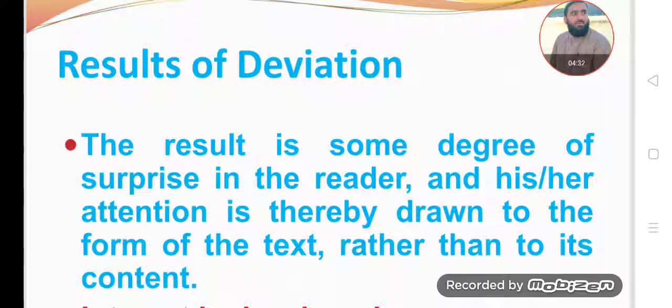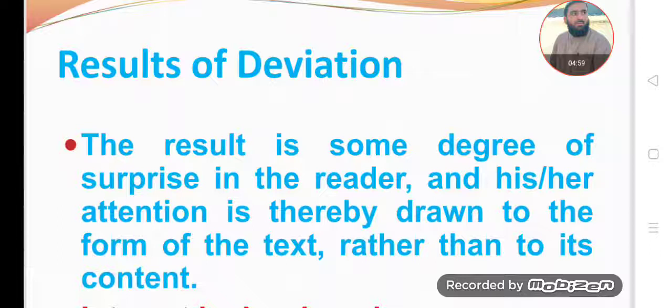Now what are the results of deviation? The result is some degree of surprise in the reader, and his or her attention is thereby drawn to the form of the text rather than to its content. Dear students, in deviation, effects are important. The attention of the reader is taken by the writer, and the attention of the reader is very important.